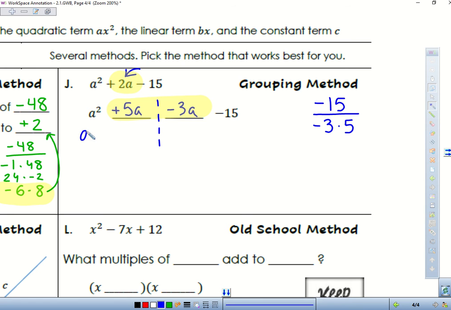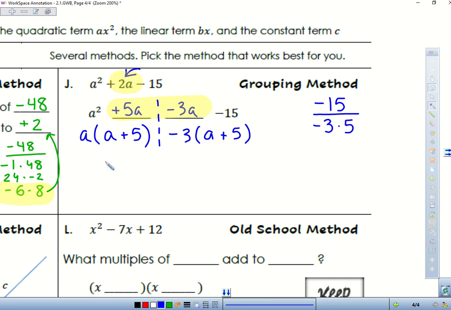An a. Good, which leaves me with a plus 5. What can we take out of this side? A negative 3. Which leaves me with a plus 5. Good, you're taking it out of the whole thing.